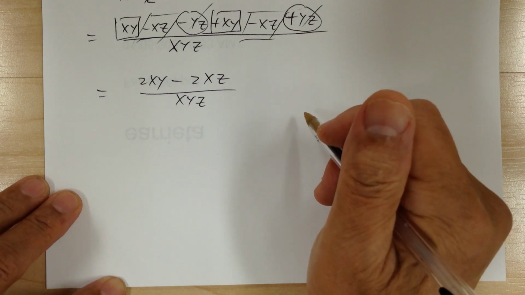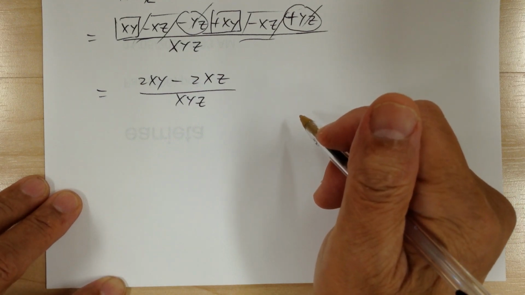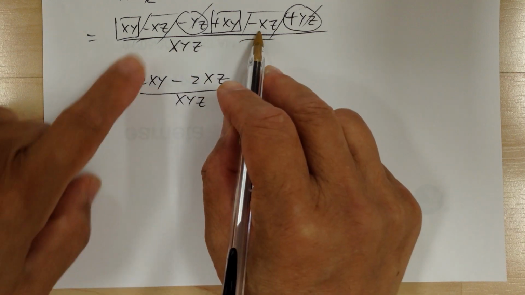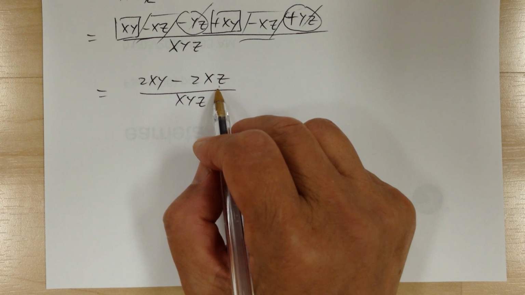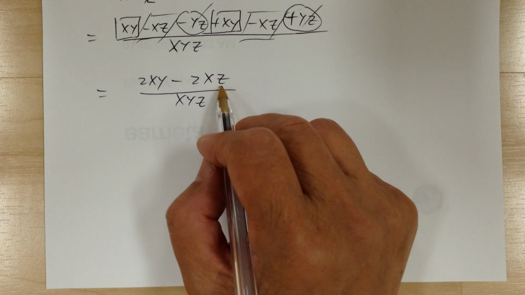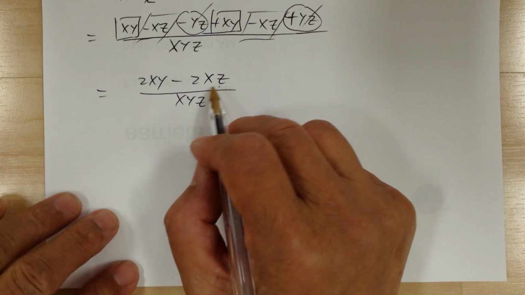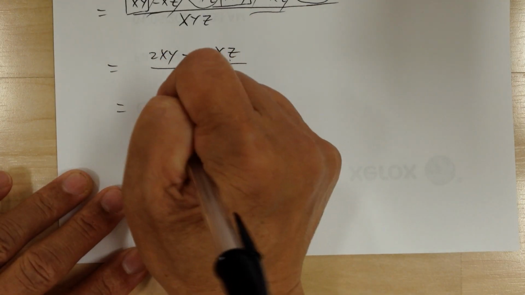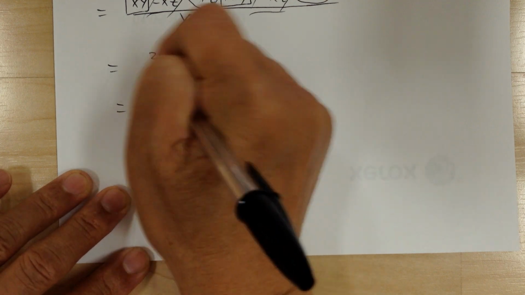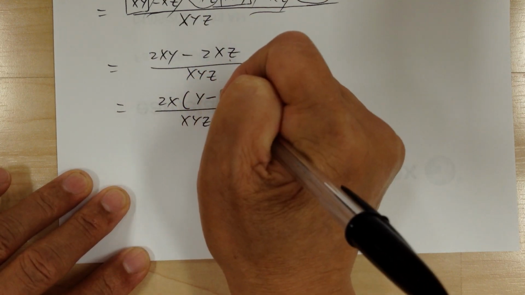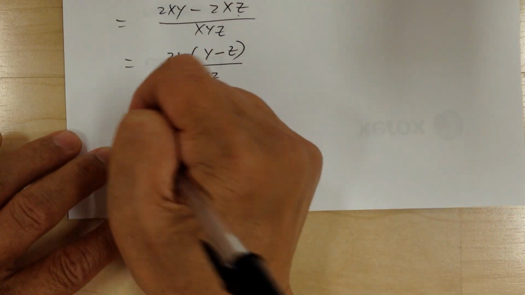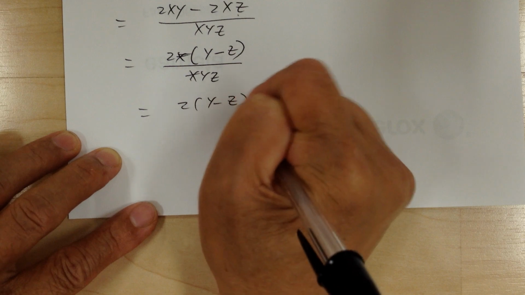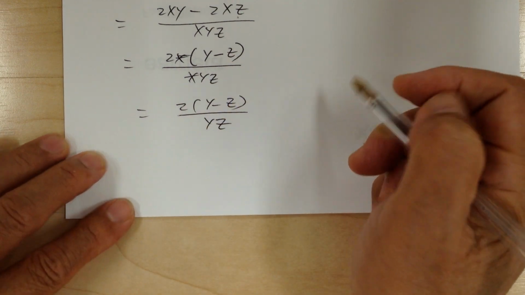Then you can factor out the 2x. So factoring out the 2x, you get y minus z. But that's an x and x can cancel out. So you're going to get 2 times y minus z over yz. Okay.